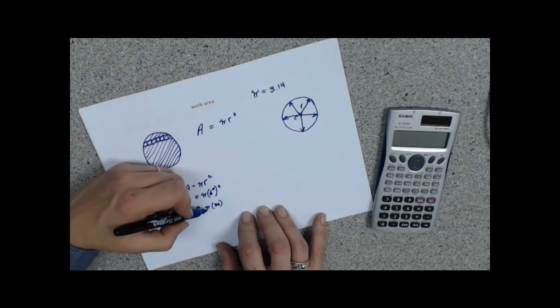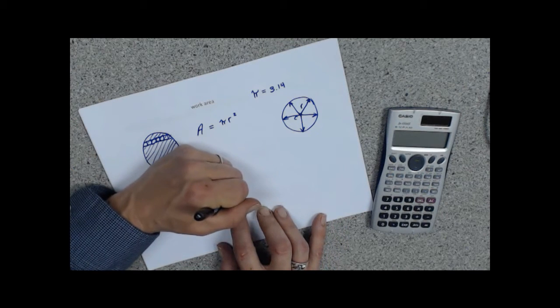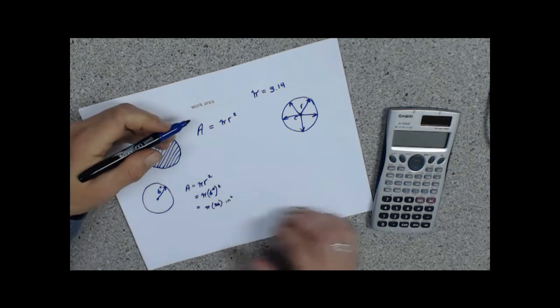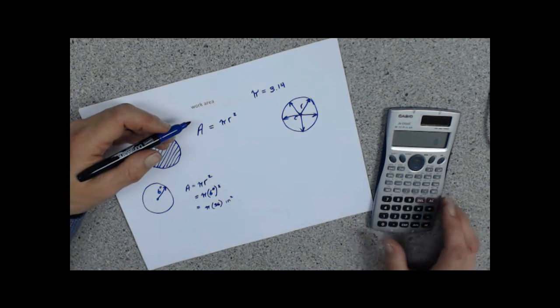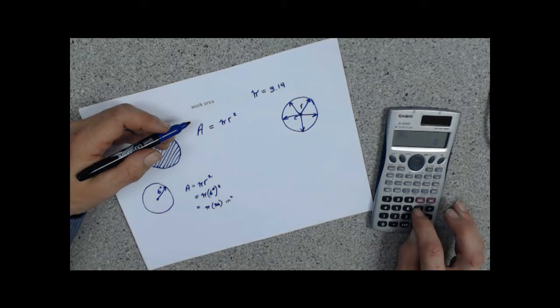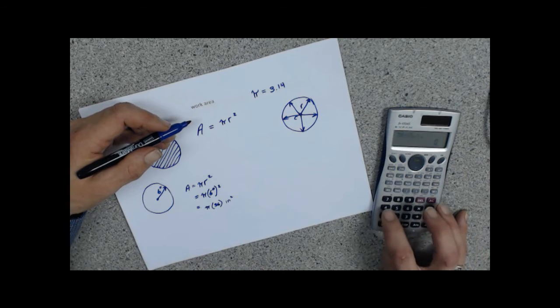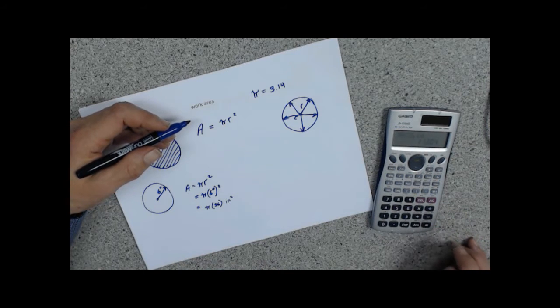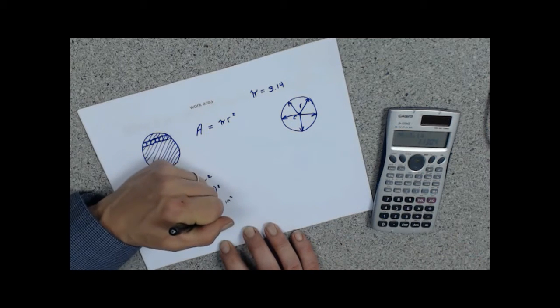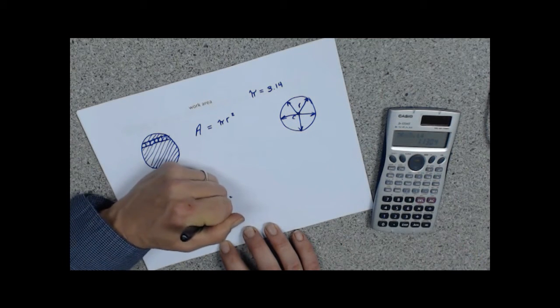So my area is going to be equal to pi times 36 square inches. So let's go ahead and figure that out on the calculator. 36 times, I know there's a pi in here somewhere. I don't know where it is, so I'm just going to use 3.14, and that is going to give me 113.04 square inches.